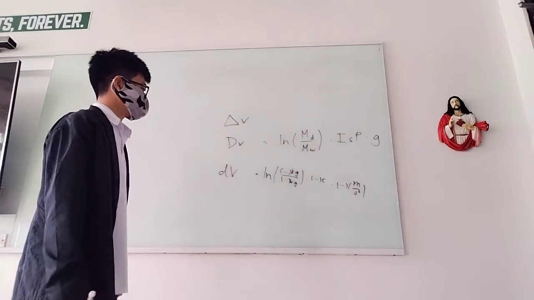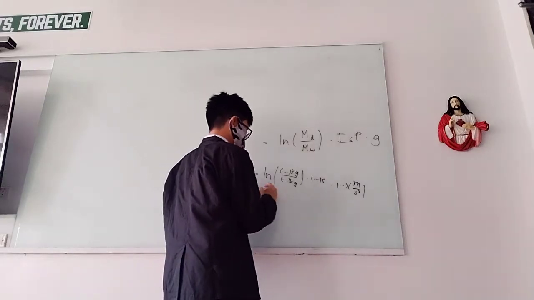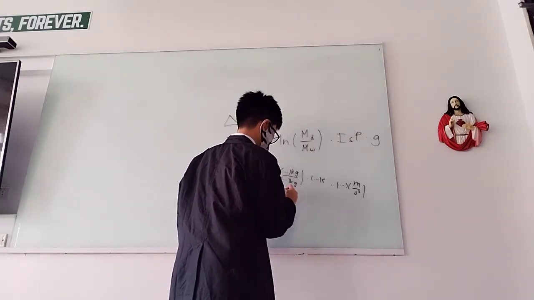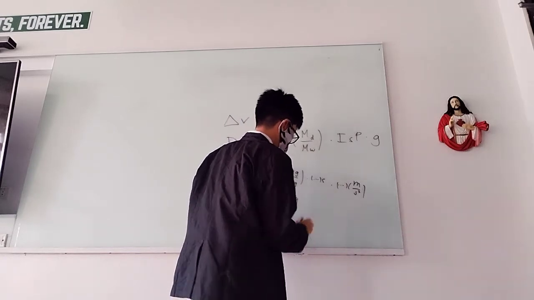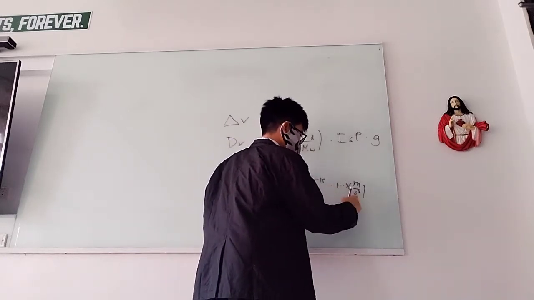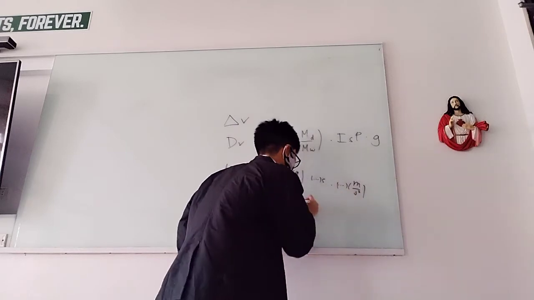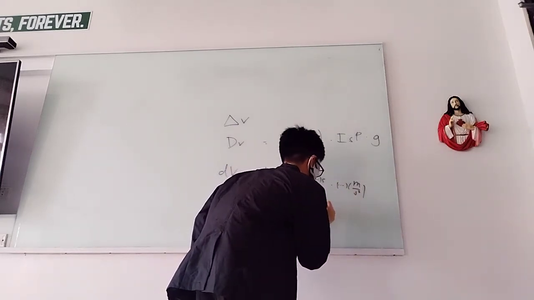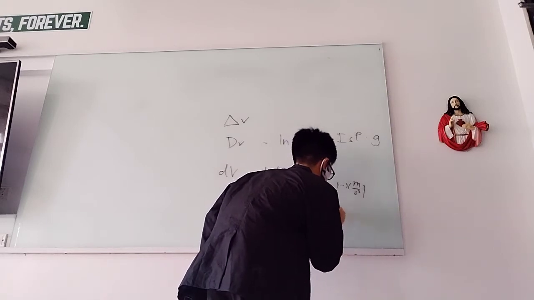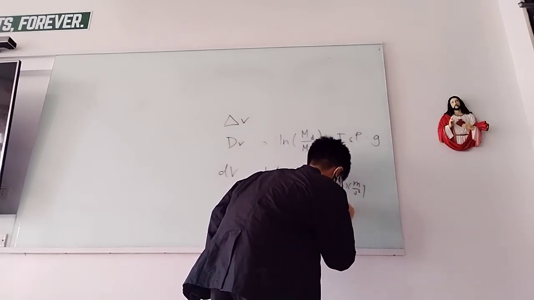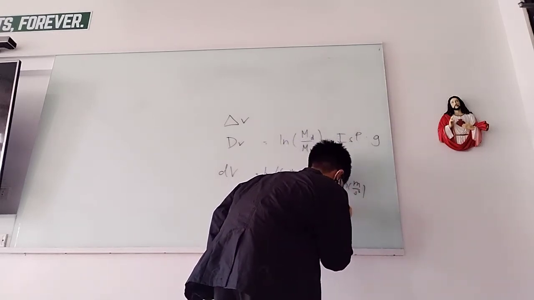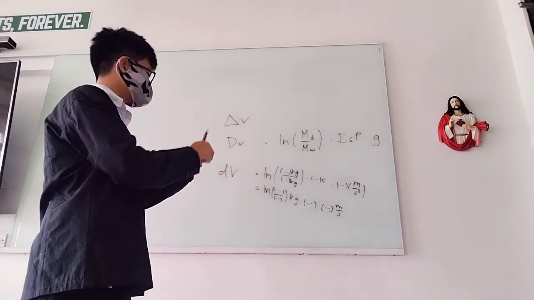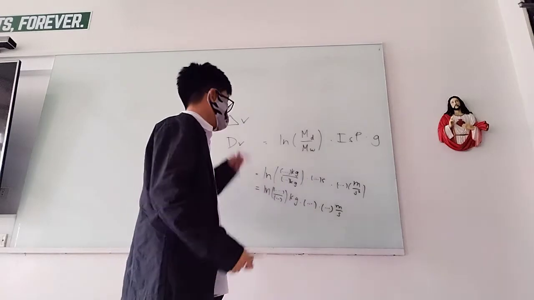Then we just do the dimensional analysis, and the seconds here eliminate with this, so this is just the ln of the mass ratio times your gravity, meters per second squared, times seconds, so meters per second. So meters per second is your unit of measurement for delta V.